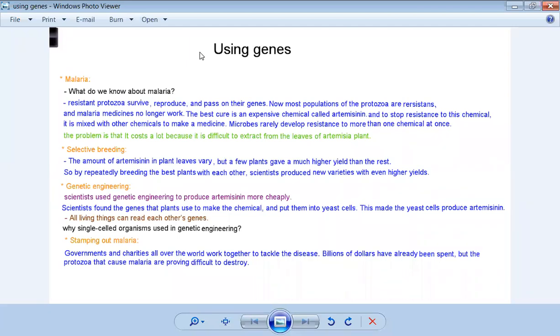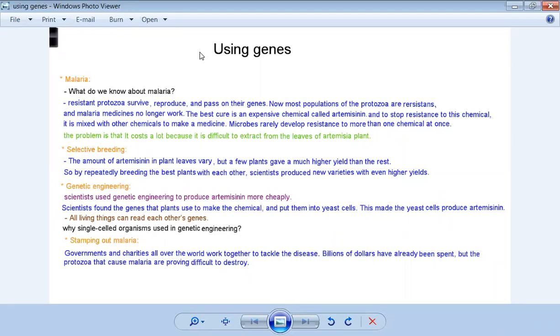Here, the protozoa of malaria became resistant against the medicines because it's getting stronger. But when they survive, they reproduce, and they pass their genes to their next generations.